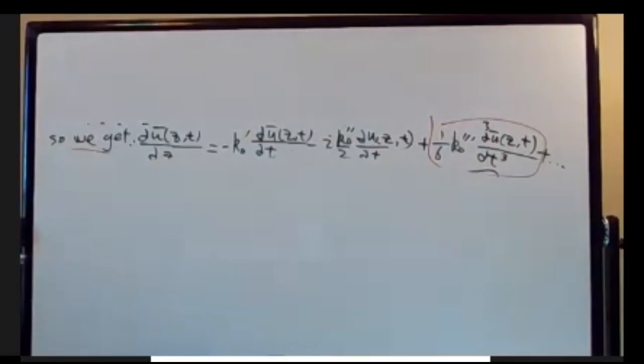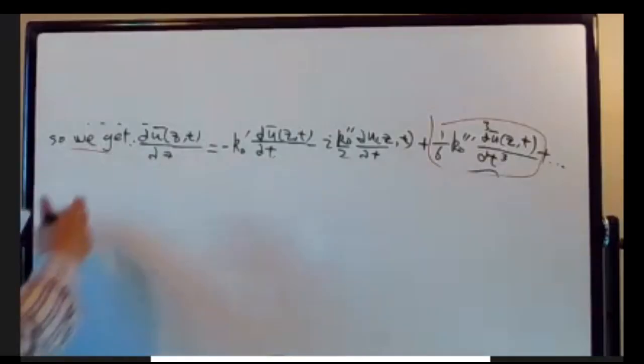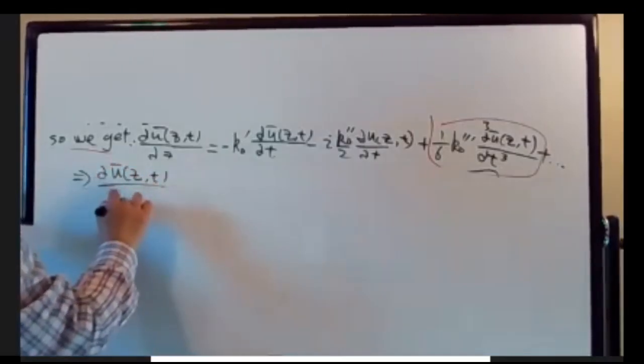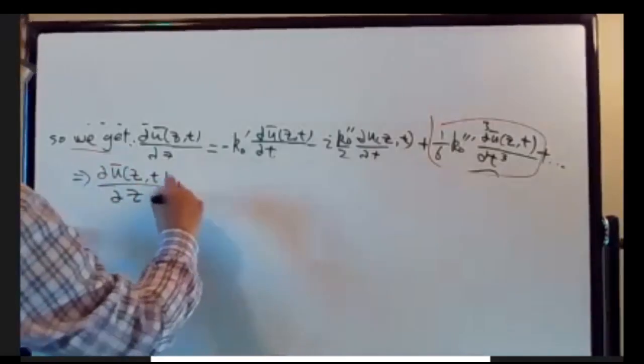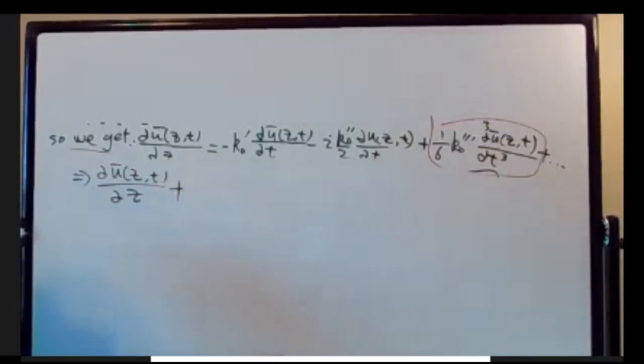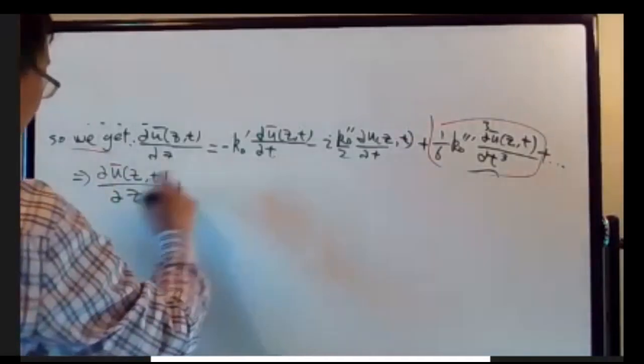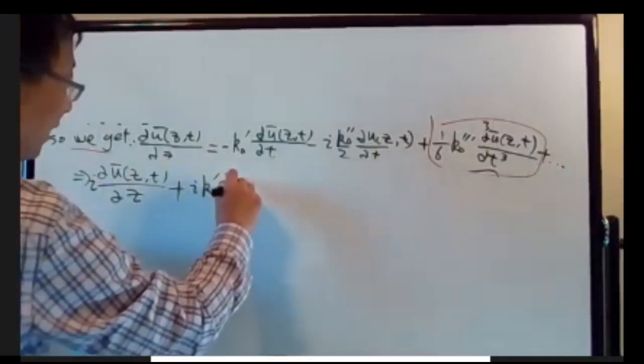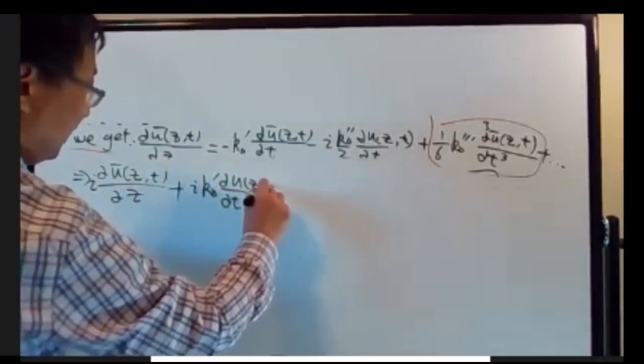We'll work through those equations and understand them by MATLAB, but for now, let's derive, so please bear with me. Let's move everything to the left-hand side together. So we have partial u bar, partial t with respect to z, plus i k naught prime partial u, partial t, zt.